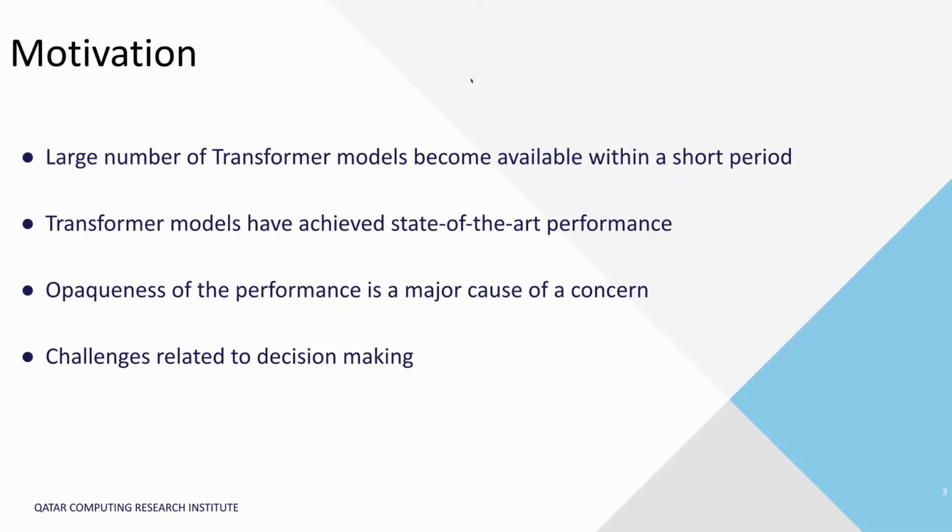The issue is, yes, they did well. The architecture is novel and they did good performance, but what are the limitations? Why have they achieved this high performance, and what is the information being captured in these models that gives them this edge?